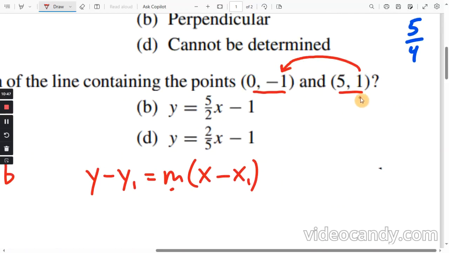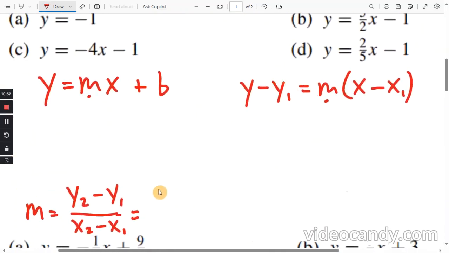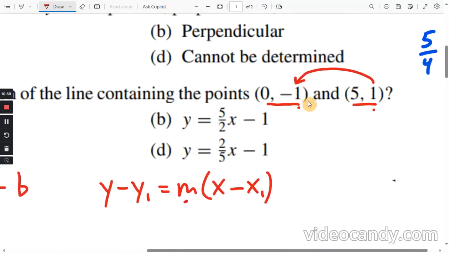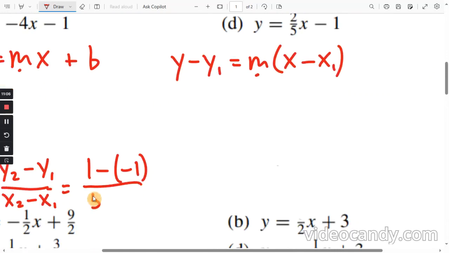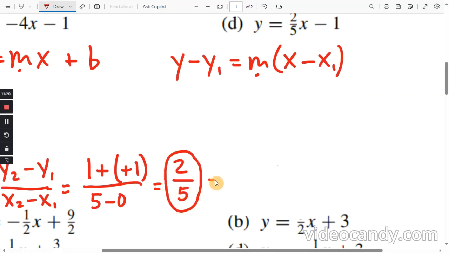The y's are the second numbers, so 1 minus -1 for the change in y. And the change in x, same direction, 5 minus 0. So the two negatives make it positive, 1 plus 1 is 2, and 5 minus 0 is 5. So that's going to be the value for m.